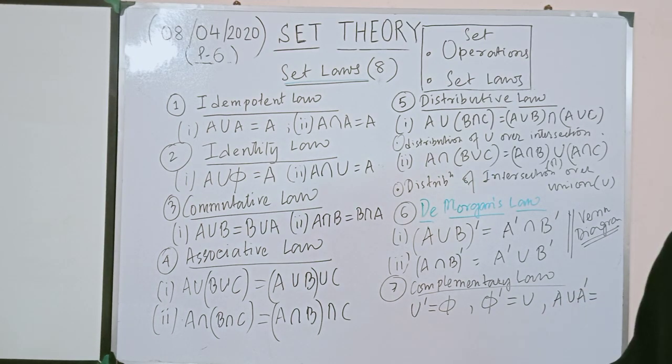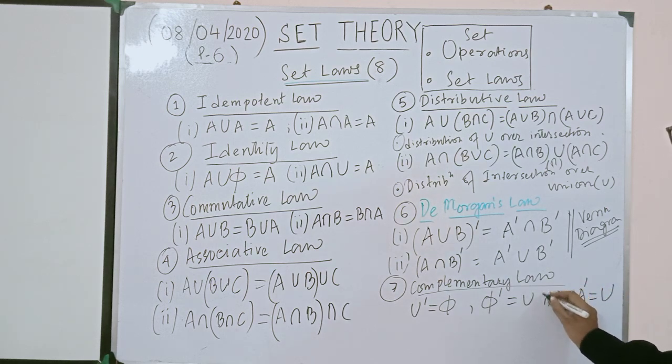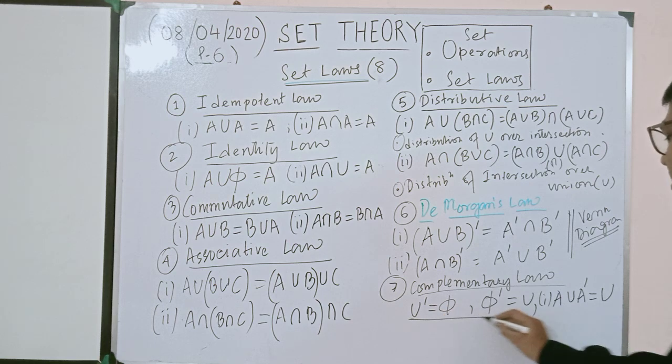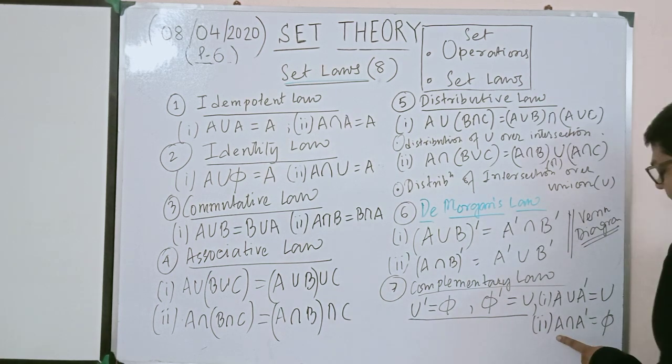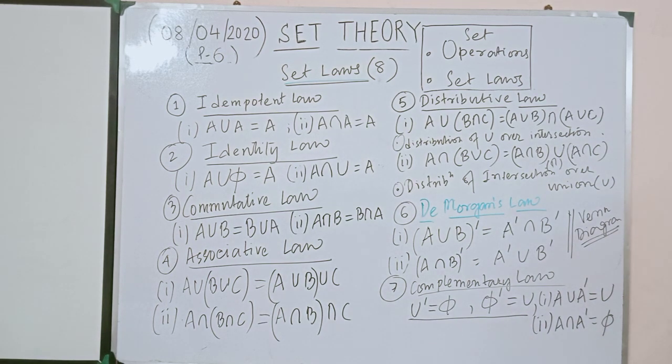A union A dashed is U, so you can mark it 1. That means A united with not A will give you everything. And you can also write A intersection A dashed. That means A and not A. What will they have in common? Nothing. A intersection A dashed is phi. It's null. Nothing is there.